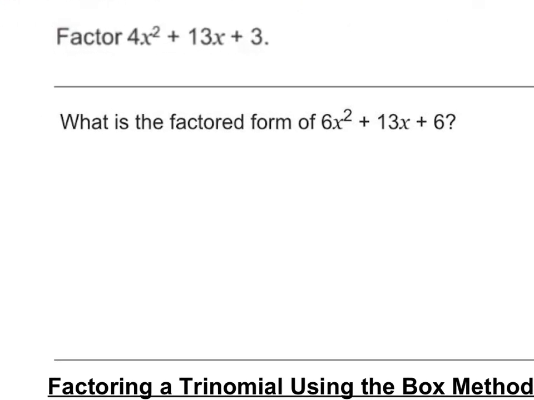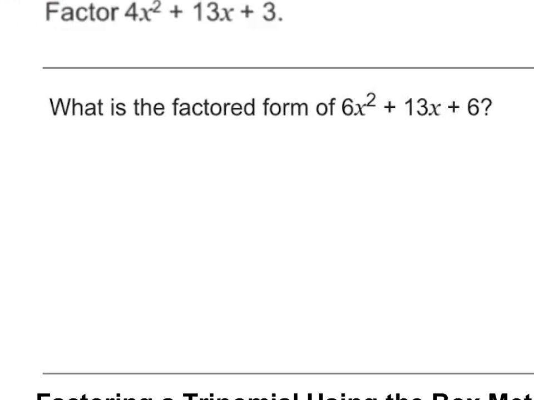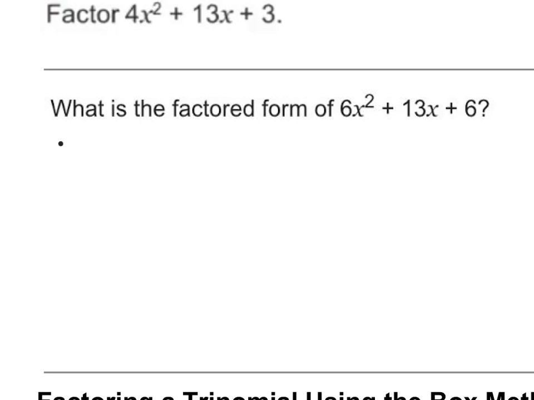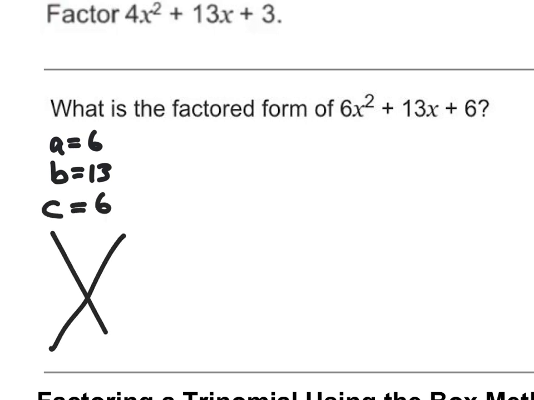I'm going to identify my a value. So A is equal to 6, B is equal to 13, and C is equal to 6. And so what I'm going to do is the AC or the X method. If I take A times C, that's going to give me 36.